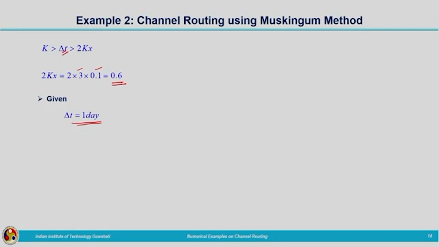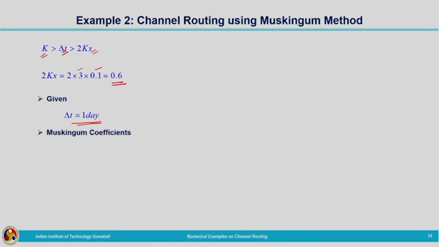Delta t is 1 day, k is 3 days and 2kx is 0.6. So, 1 day for delta t is a suitable value which can be used for solving the equation. In case delta t is not given to us, based on the values of k and x, we can choose a suitable value corresponding to delta t.